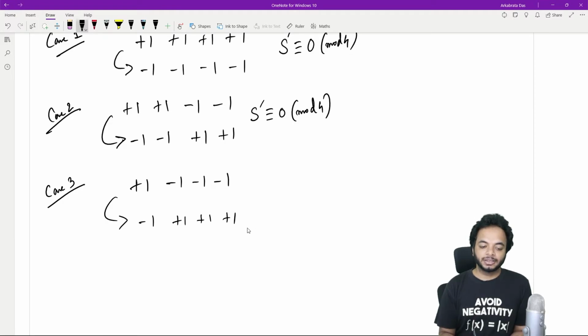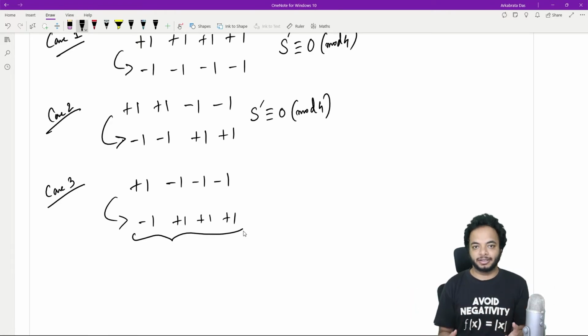When you change those plus to minus and minus to plus, that particular part doesn't change under modulo 4, and the remaining things remain the same.